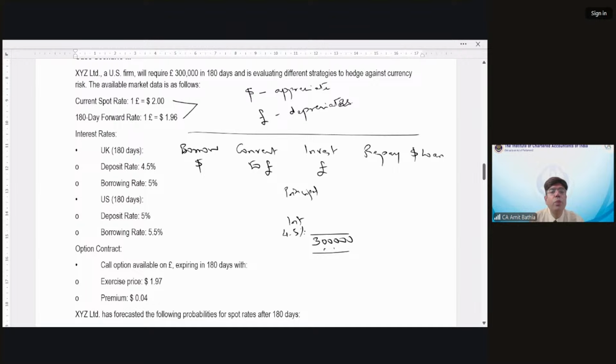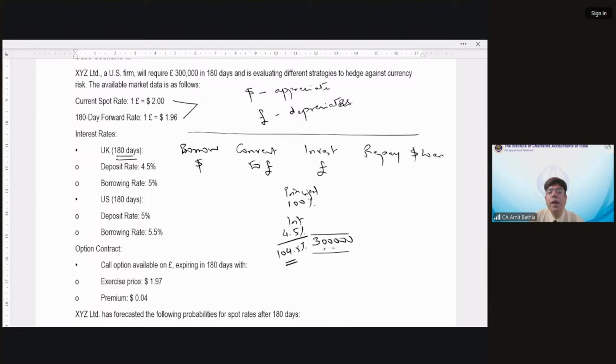Very important, this is not per annum. UK is paying 4.5% for 180 days. So this is 4.5%, this is 100%, meaning total is 104.5%, right? That is what I need.